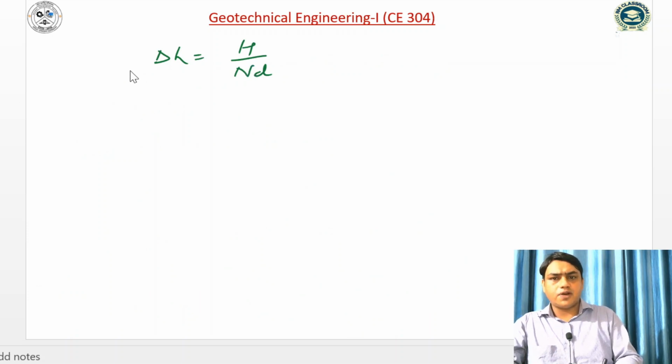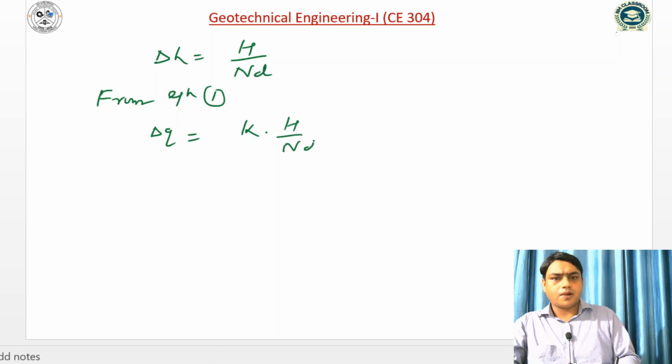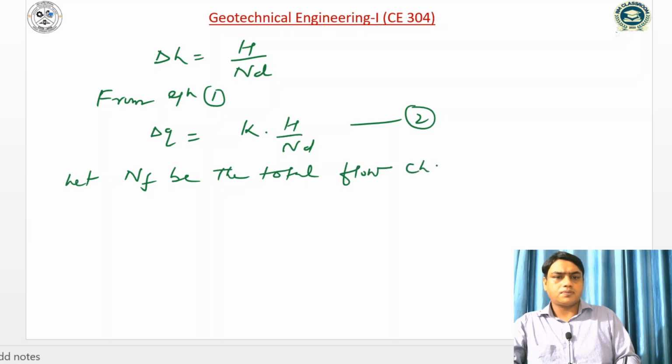If I put the value of delta H from equation first, delta Q is equal to K into H by ND. Let us assume this is our equation 2. Let NF be the total flow channel.